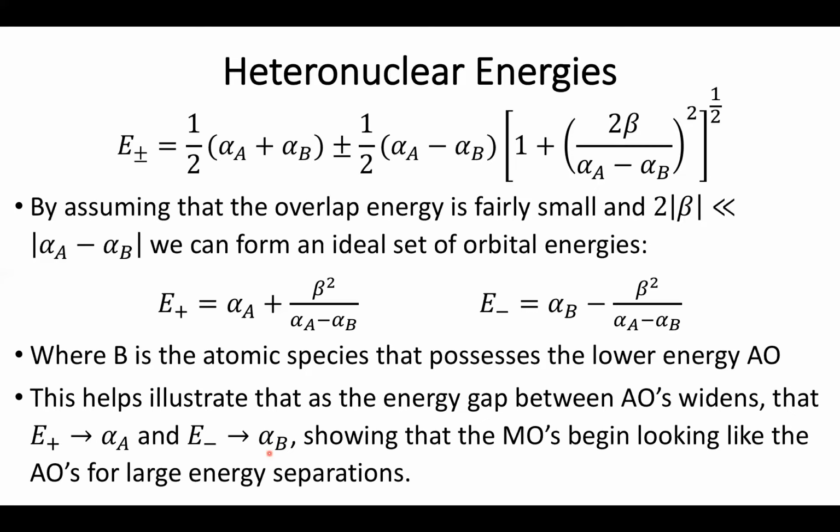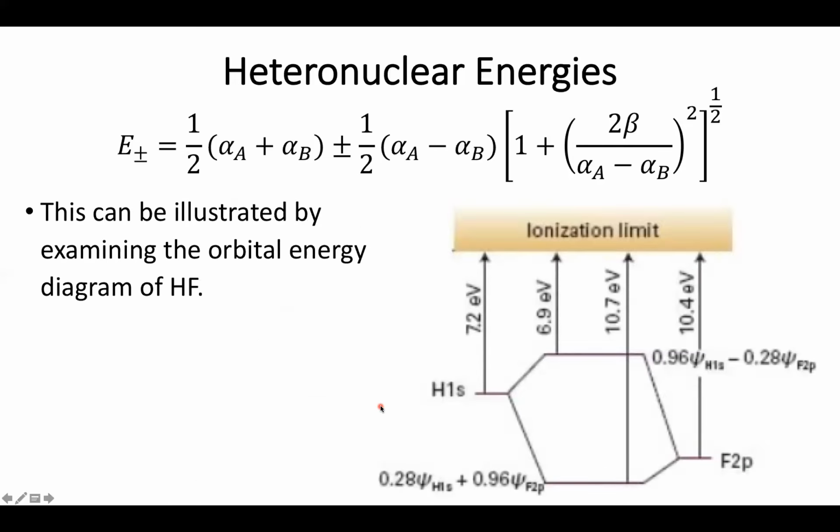And we can look at this a little bit more numerically if we go back to the case of hydrofluoric acid. So when we have our hydrofluoric acid, we can take the four energies we derived, both for the atomic orbitals and for my bonding and anti-bonding orbitals. So what you'll notice here is that my hydrogen orbital is actually fairly close to my anti-bonding, and my bonding orbital is fairly close to the lower energy fluorine.